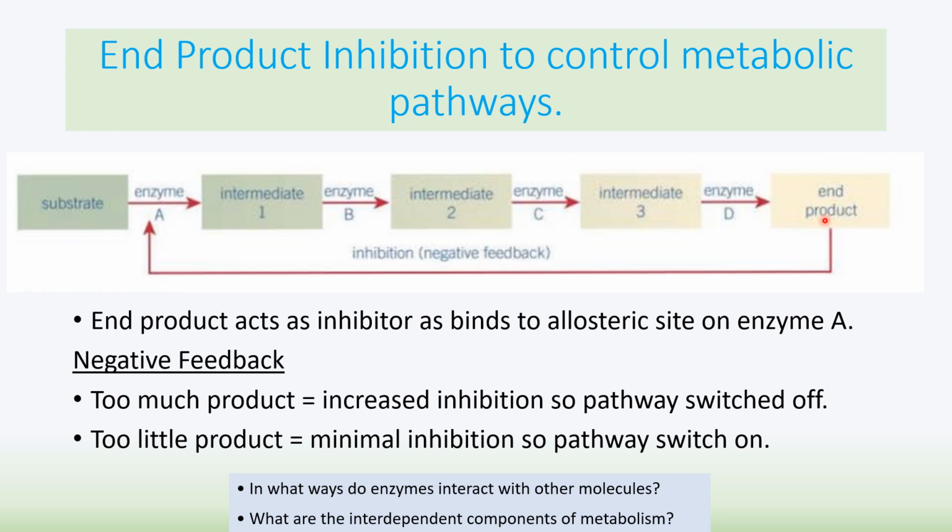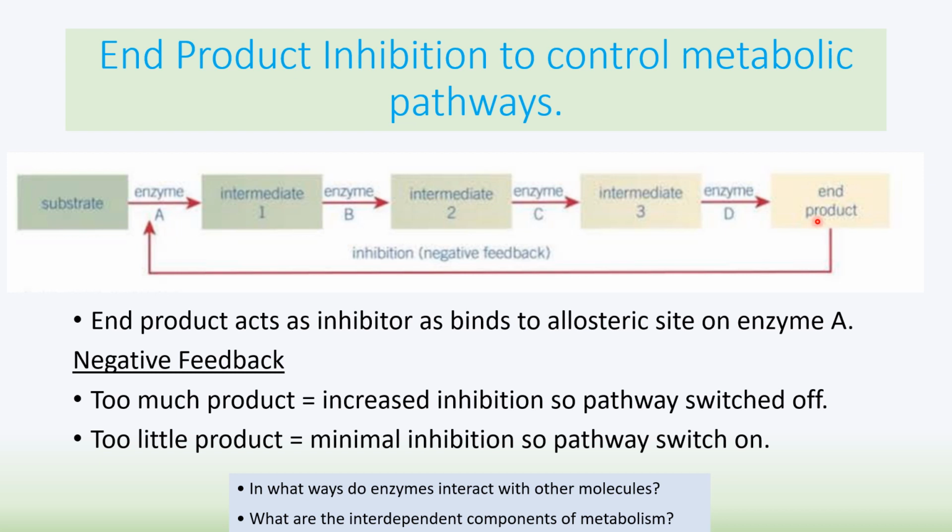To control the amount, we use negative feedback because we don't want tons and tons of this end product. What happens is the end product actually inhibits enzyme A. If you have lots of end product, it will inhibit enzyme A, which will slow that reaction, which will slow the next reaction, which will slow the next, dropping the amount of end product.